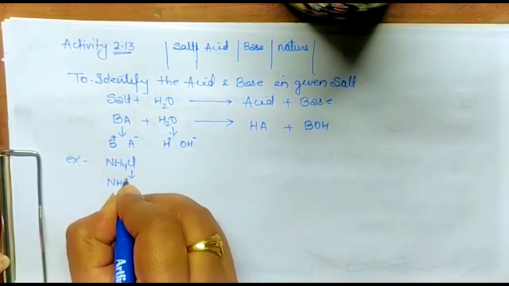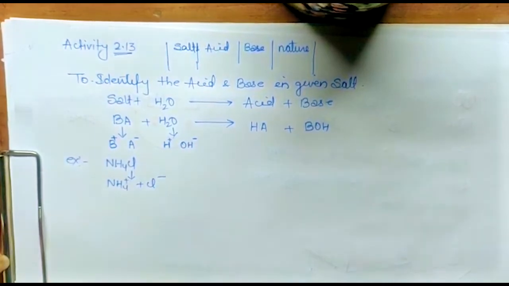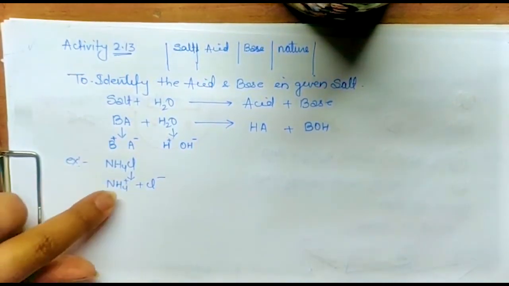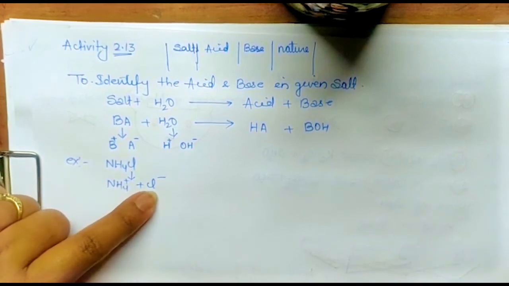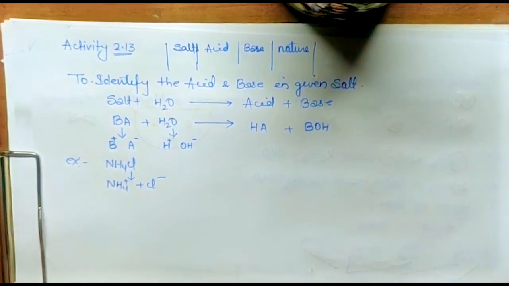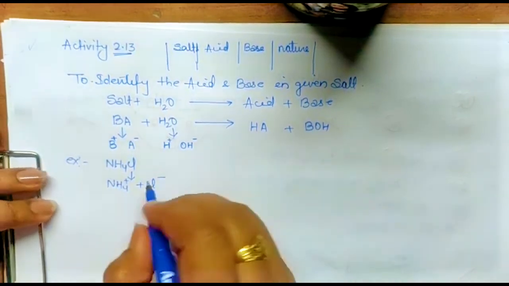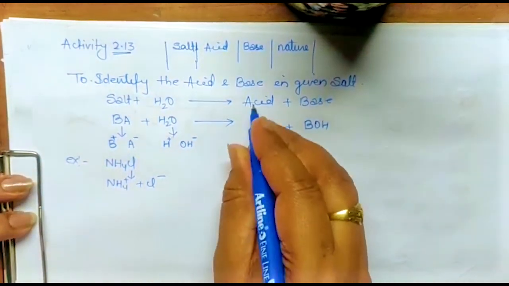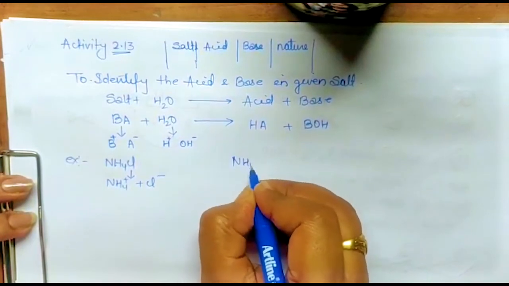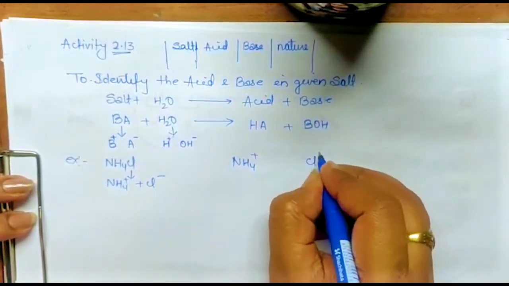So just do this: dissociate this part, NH4 plus and Cl minus. So what you have to do? With the positive you will attach OH minus and with the negative you will attach H plus. Clear? Many students, if I ask the acid and base present in this, will write acid NH4 plus and base Cl minus.